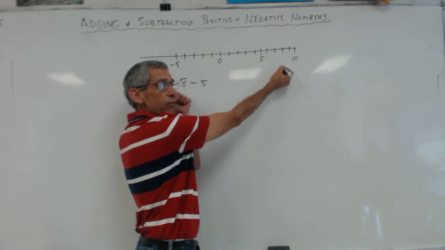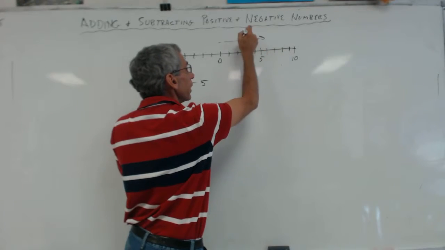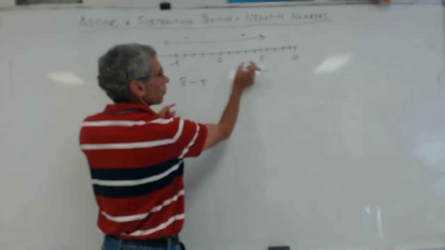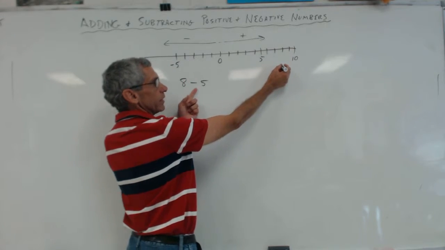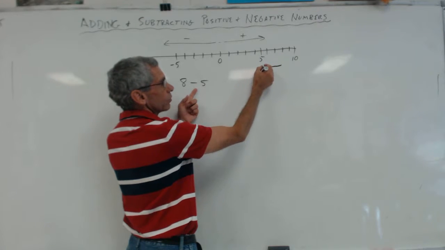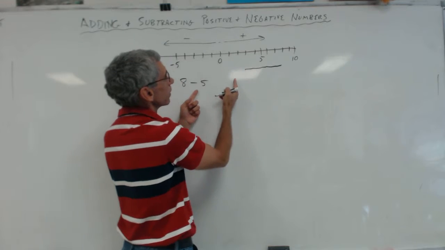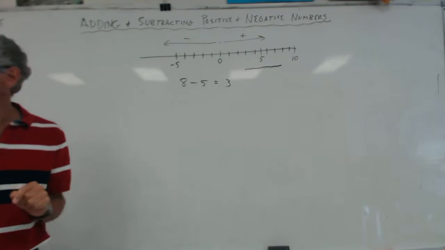Left. When I go positive, I'm always going to the right. To the right is always positive. To the left is always negative. So I go left 5 because it's negative 5: 1, 2, 3, 4, 5. So my answer is 3.